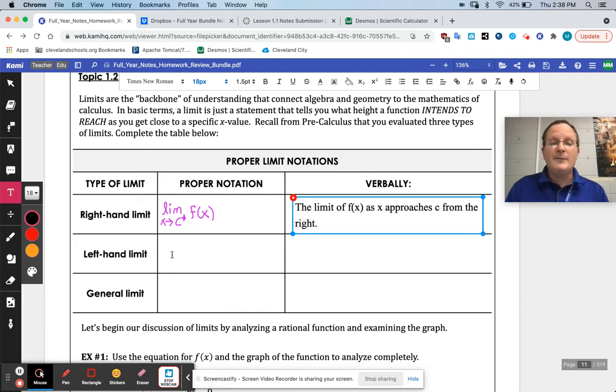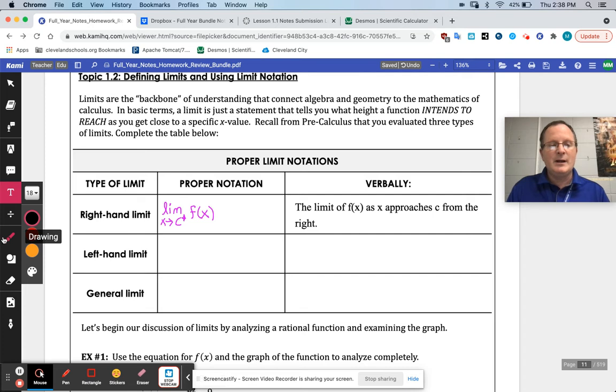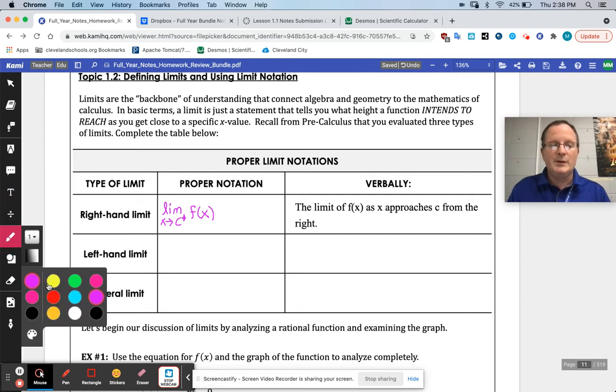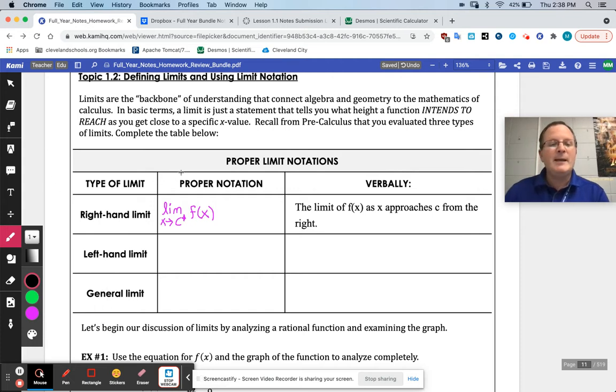And so then for our left-hand limit, and again, don't worry, we're going to discover what this is talking about really soon. For the left-hand limit, let me try to be careful here. It is LIM with a subscript below it.